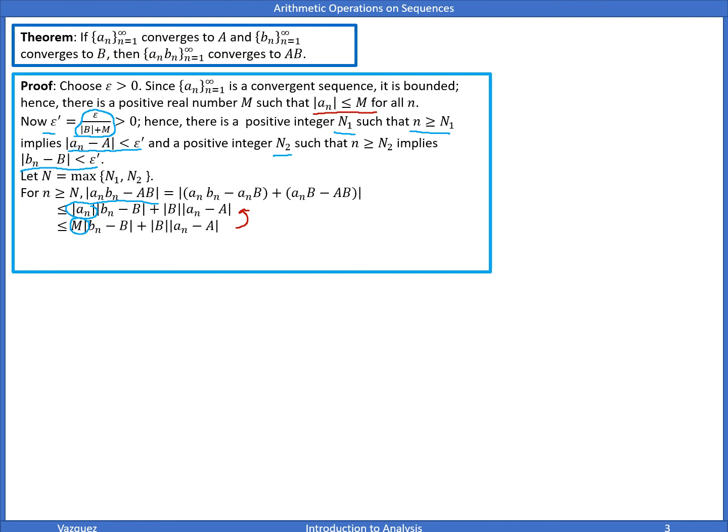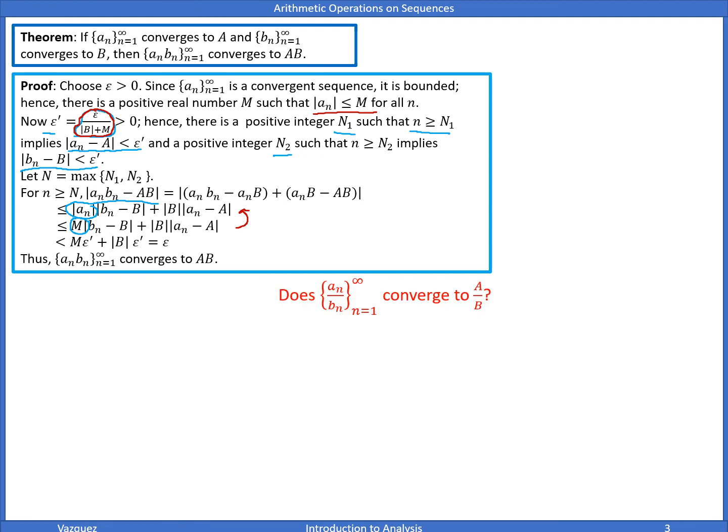And this, we can make it small using our epsilon, right? So depending completely on this, that's less than m times epsilon prime plus b times epsilon prime, which is equal to epsilon. Right? So what does that prove? That proves that an times bn converges to ab.